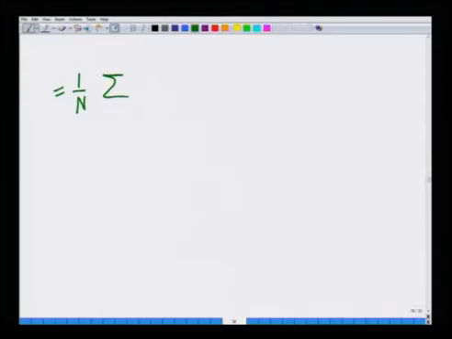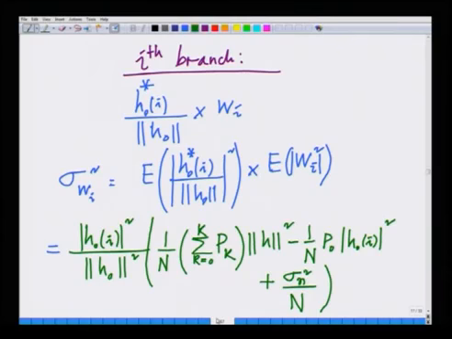Look at this: the norm h square and the norm h_0 square cancel.